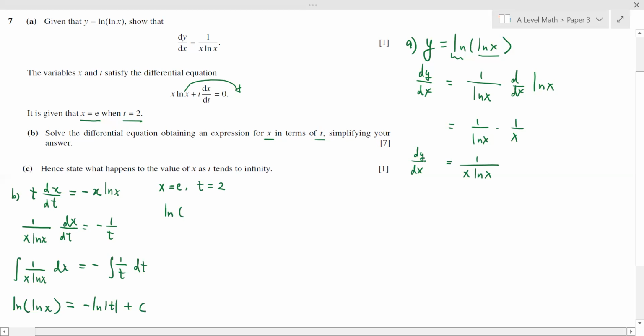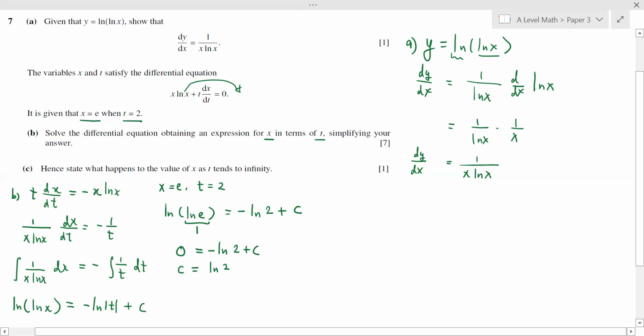So we have ln of ln e equals negative ln 2 plus c. Okay, let's look at this. ln of ln e is... ln e is 1. Then we have ln 1, which is 0. Then we have 0 equals negative ln 2 plus c, or c is ln 2.